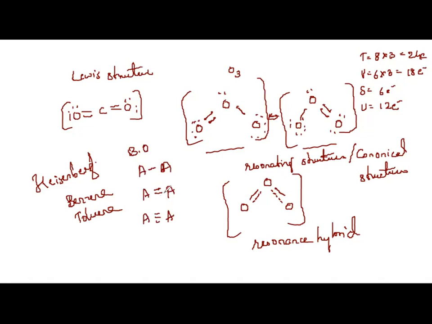Now see, as bond order increases, what will happen? I said the atoms or the combining particles will come closer, correct? So when they come closer, what will happen to the distance? The distance will decrease. So when I compare single bond distance and double bond distance, it will differ. This bond length will be more compared to this. So we have said, as bond order increases, bond length decreases.